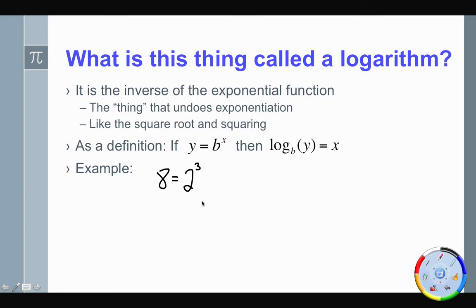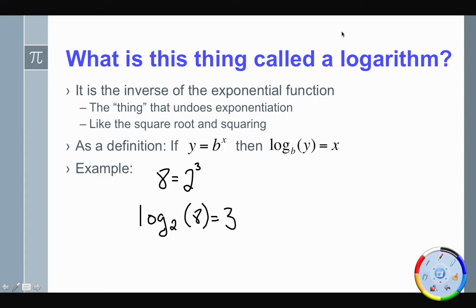We can rewrite this in logarithmic form, essentially undoing the exponentiation, by saying log base 2, because that's the base of our exponential, of the opposite side of the equal sign, 8, is equal to the exponent, which is 3. So one way we can think of this is 2 to the 3rd power is equal to 8. Likewise, log base 2 of 8 is equal to 3.